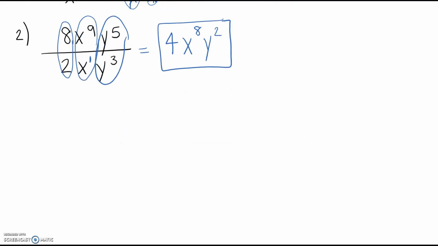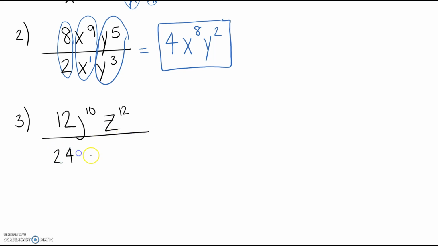All right, third example, 12 j to the 10th, z to the 12th, over 24 j to the 3rd, z to the 10th. So first look at the 12 over 24. 12 and 24 are both divisible by 12. So 12 divided by 12 is 1.